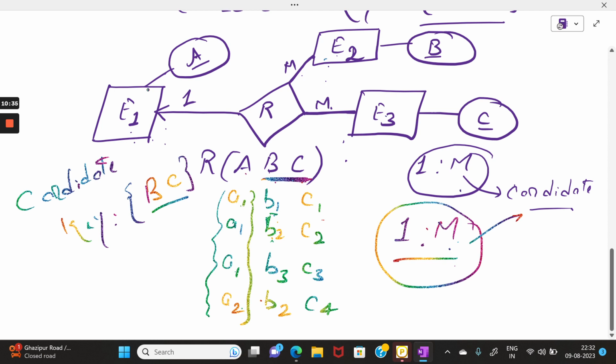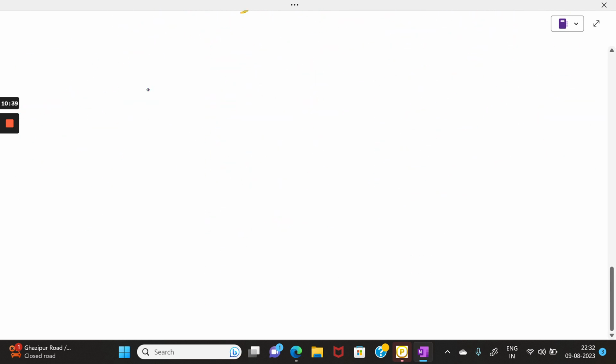Let's see another example. There is a question of the ER diagram, and we have to pick up the correct ER diagram for the given specification.